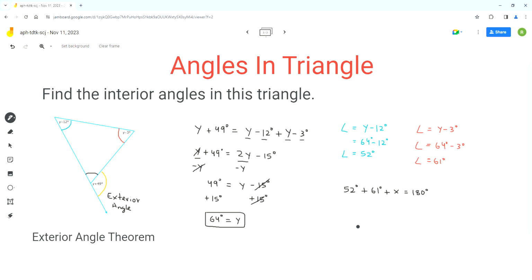We have to solve for x. So first we can add the terms 52 and 61. We get 113 degrees plus x equals 180 degrees.